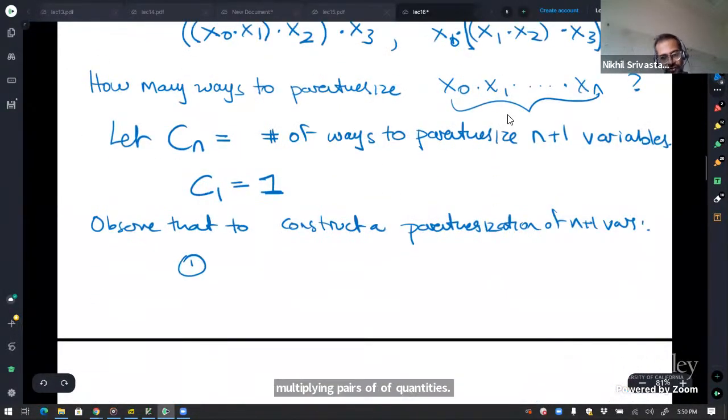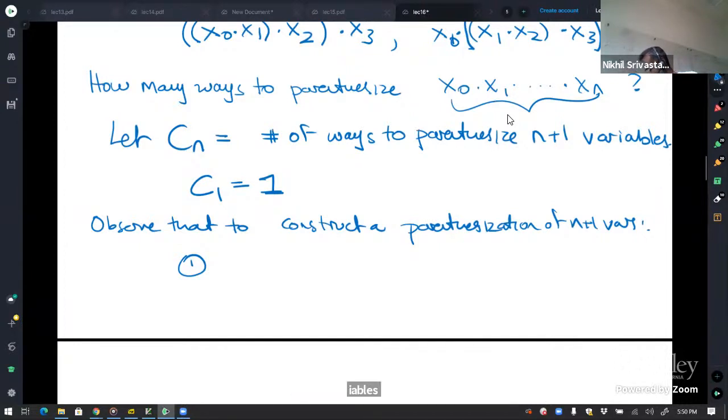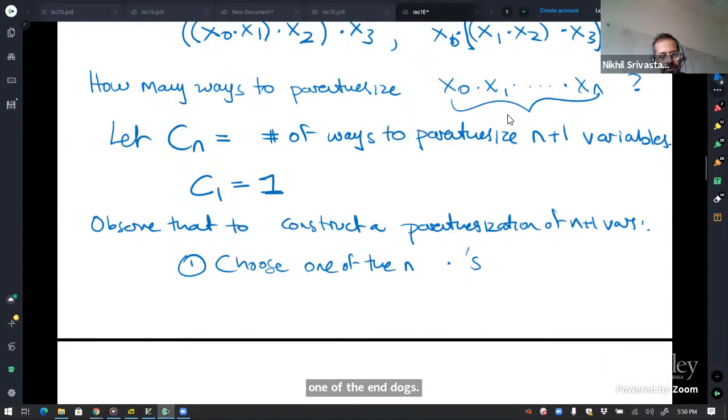Okay, so good. So to construct a parenthesization of n plus 1 variables, here's one way to do it. So choose one of the n dots, okay, to be the outermost multiplication.